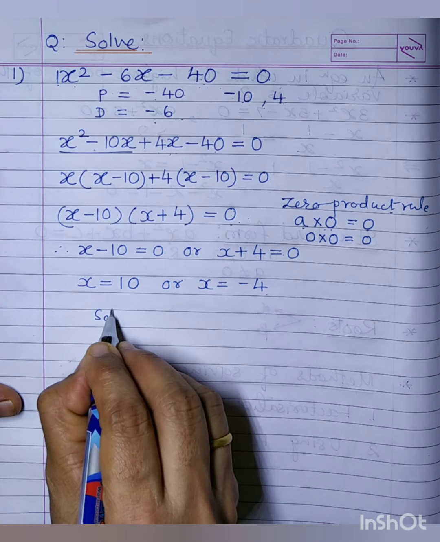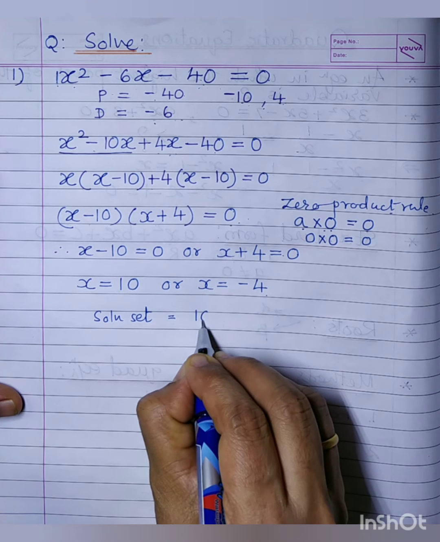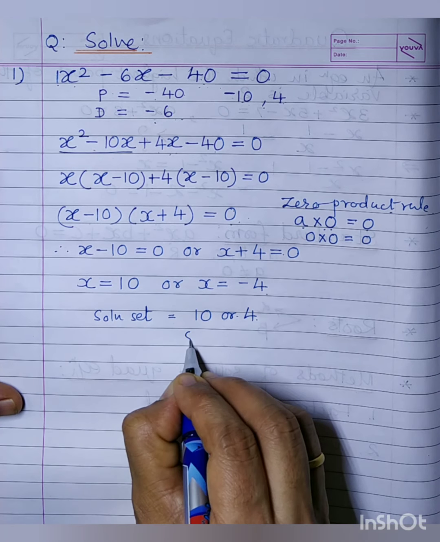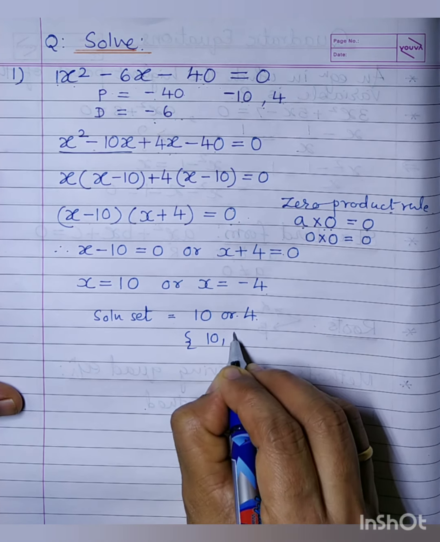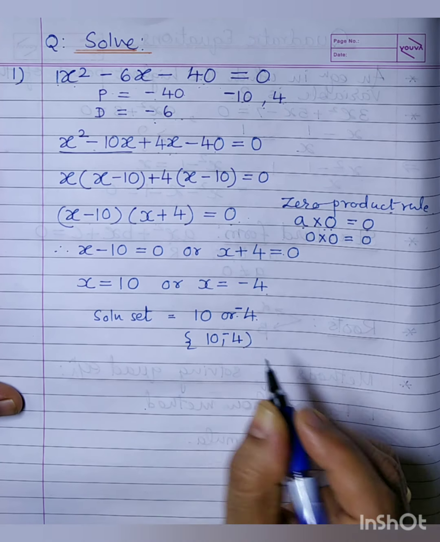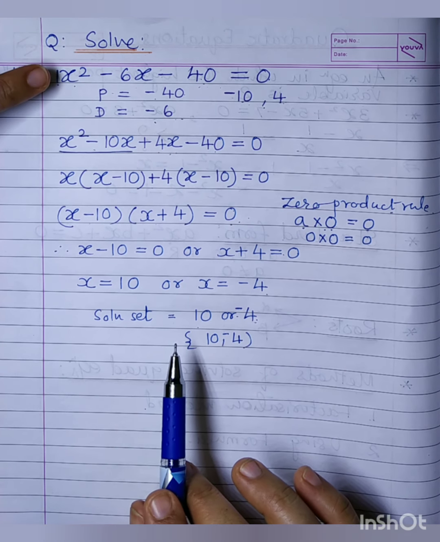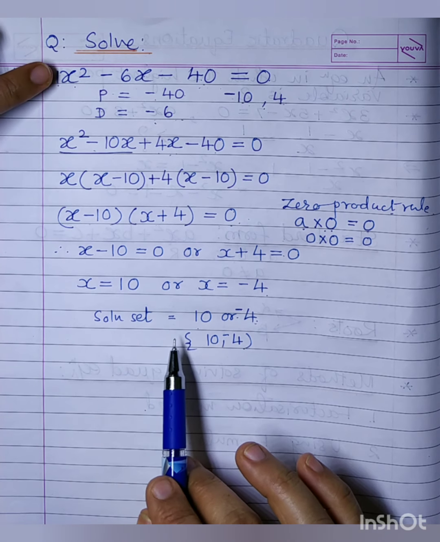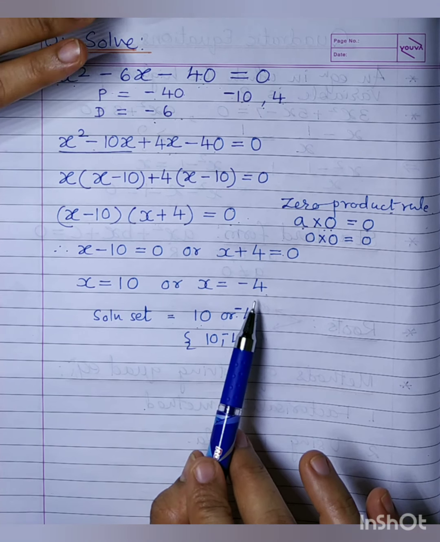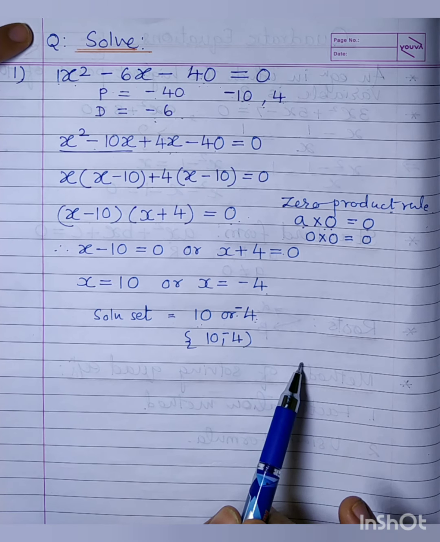So what is our solution set here for this equation? It is 10 or minus 4. You can also write it as 10 comma minus 4. So here 10 and minus 4 are the roots of this quadratic equation. If you replace x by 10, the equation will be satisfied. Also, if you replace x by minus 4, the equation will be satisfied.